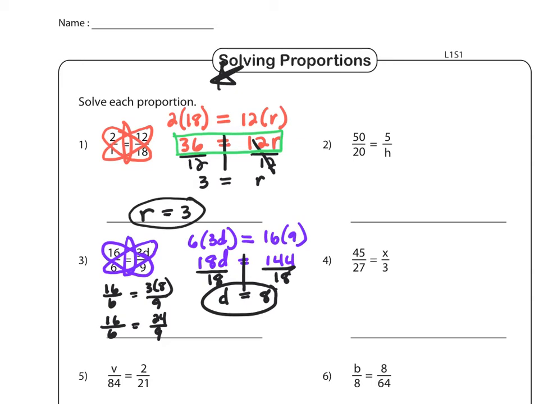So I want to present one other thing. Sometimes they give us the full two ratios, and they ask us if they're equal, and we can prove whether it's a proportion or not by still using cross multiplication. So let me show you what I mean.